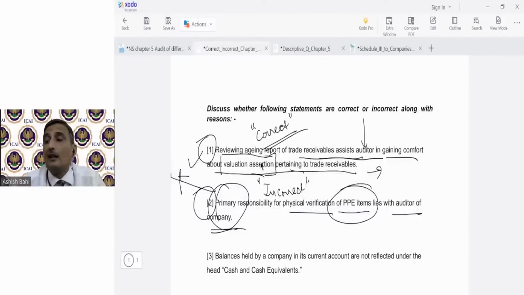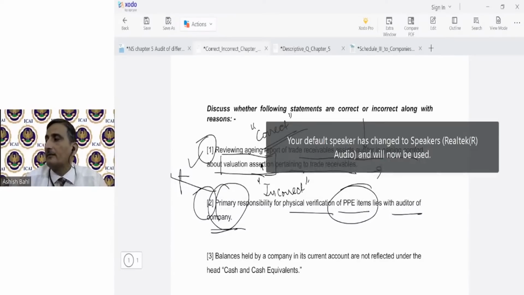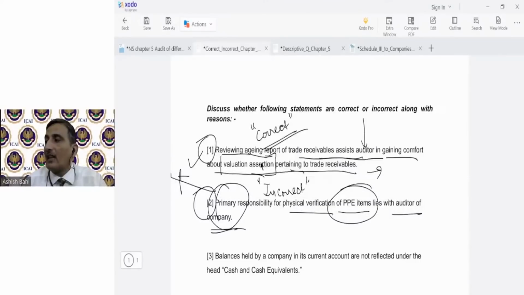Anmol, you are writing wrong. Although the physical verification process may be attended by the auditor, whose responsibility is it to do it in the first place? It is the company's responsibility, Anmol. You have to understand. So it is the responsibility of the company.